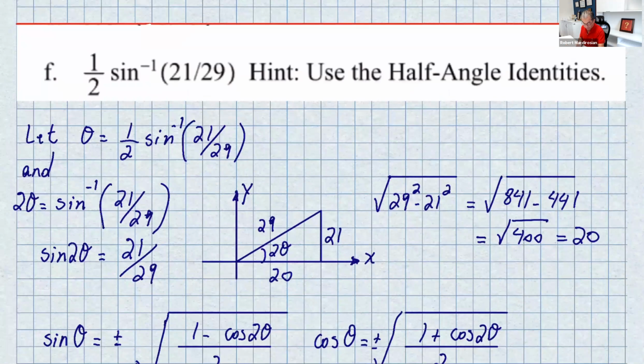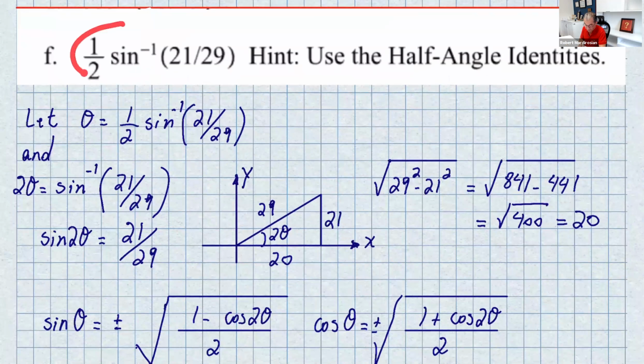So the best thing to do, this is our theta. So say theta is 1/2 sine inverse of 21 over 29. Then multiply both sides by 2. So 2 theta is this, sine inverse of 21 over 29. Now, if you take sine of both sides, you know sine 2 theta is 21 over 29.